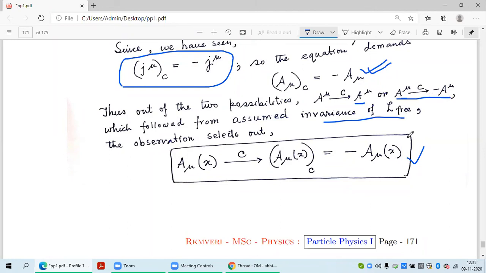So we can say now that for the electromagnetic field under charge conjugation, if you take care of the phenomenal, visible world, then you have to take this as the charge conjugation transformation of the electromagnetic Lagrangian.